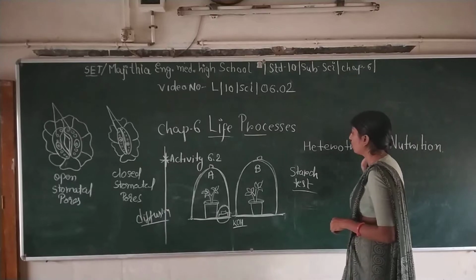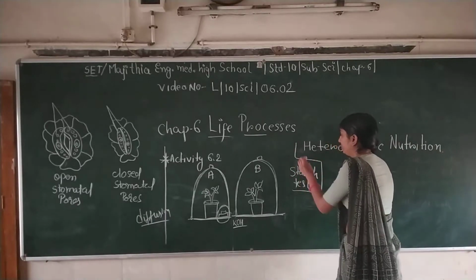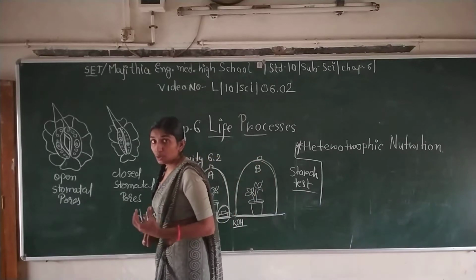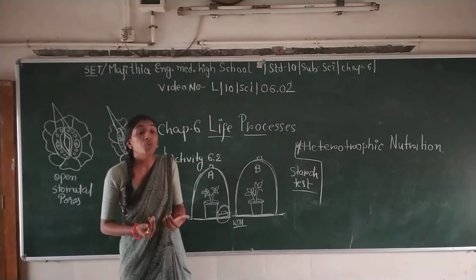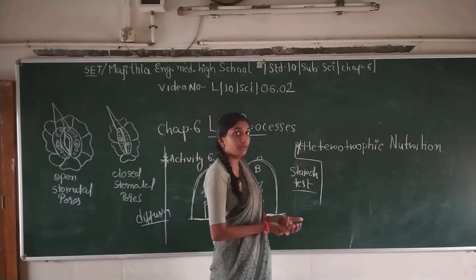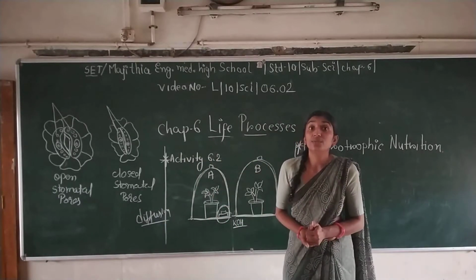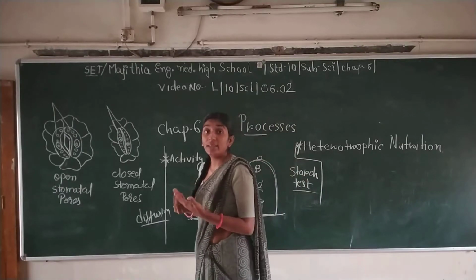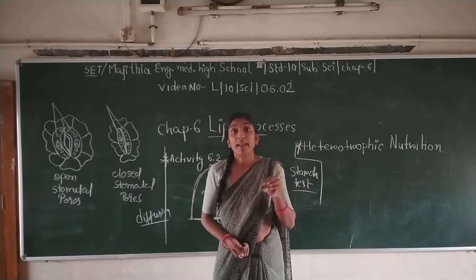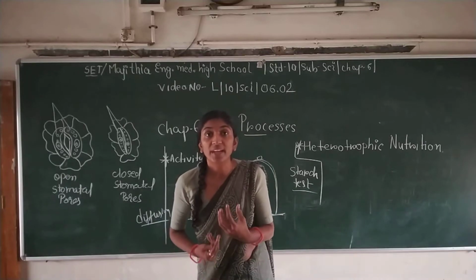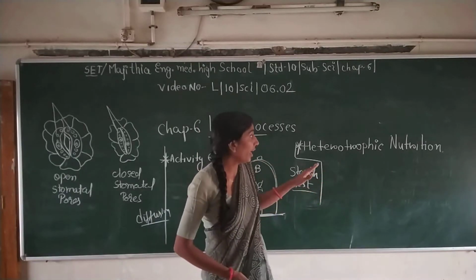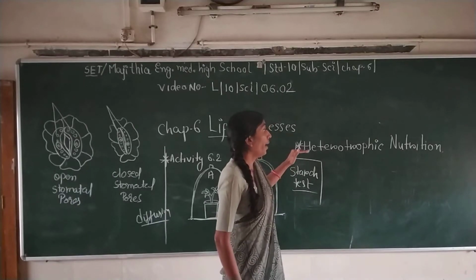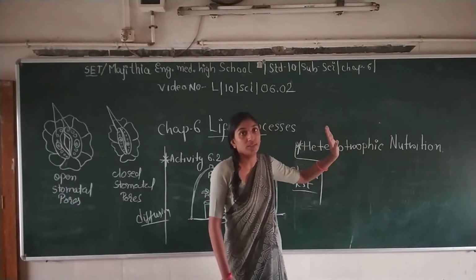Next is heterotrophic nutrition. Autotrophs are those who prepare their food by themselves. Heterotrophs are those who do not prepare their food by themselves. They depend on other things to get nutrition.